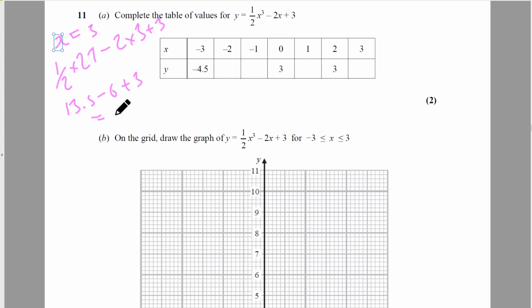So that's going to equal 16.5. When x is 1, a half of 1 is a half, because 1 cubed is 1. So we're going to get 0.5 minus 2 plus 3. And that's going to be 1. No. 3.5 minus 2 is 1.5.